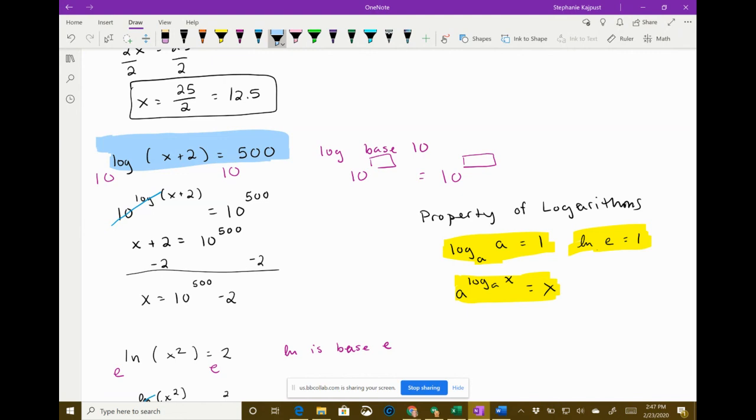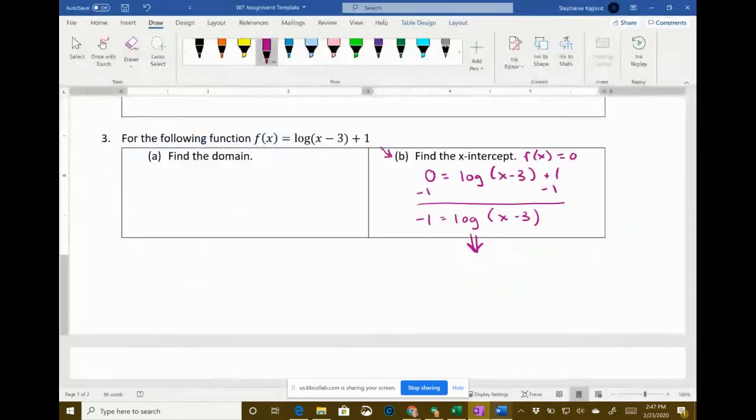I have a question about how to find the domain. Okay. So you want to know the basic domain of a logarithmic function. Let me try to find where that is in the textbook.